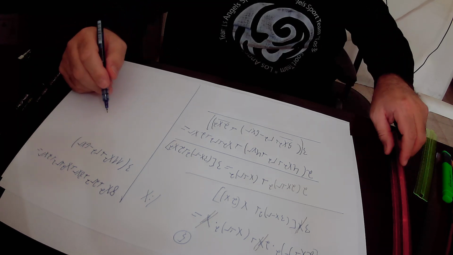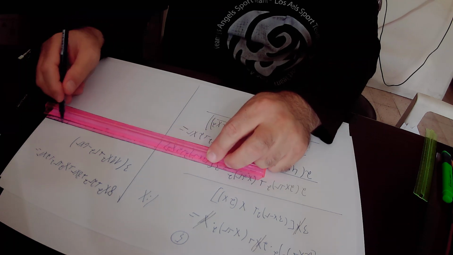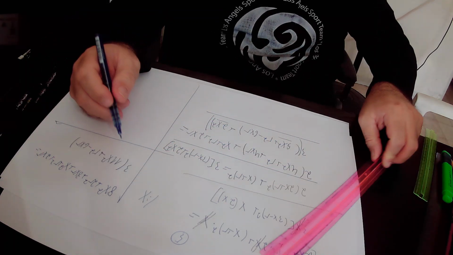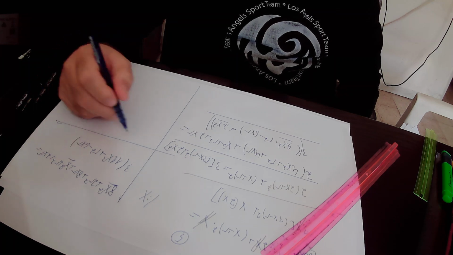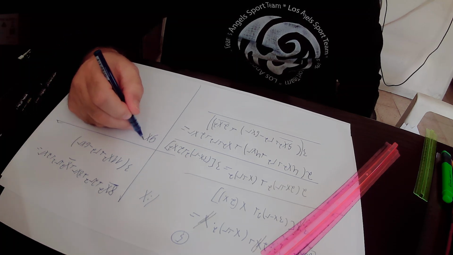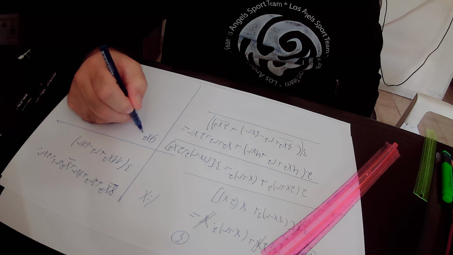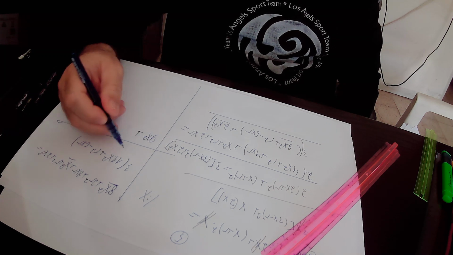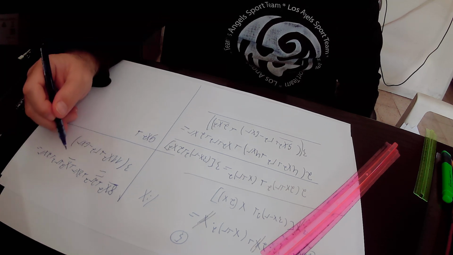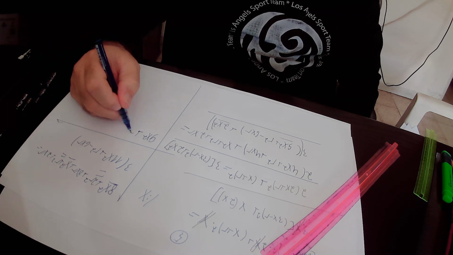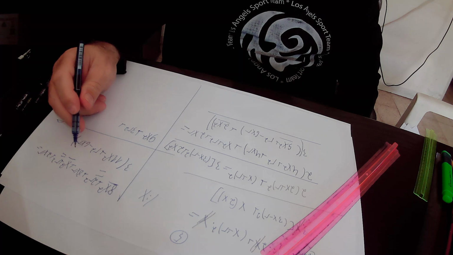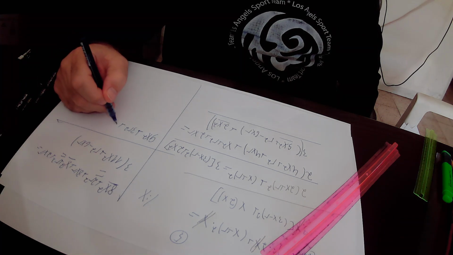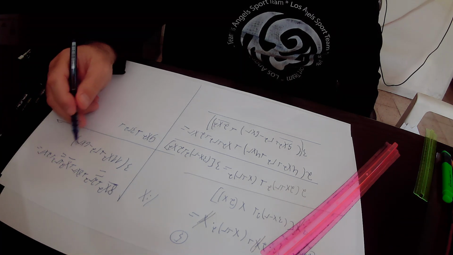Okay, so we have 8x squared plus x squared is 9x squared, plus 2r squared plus r squared is 3r squared, plus 8xr plus 2xr is 10xr.